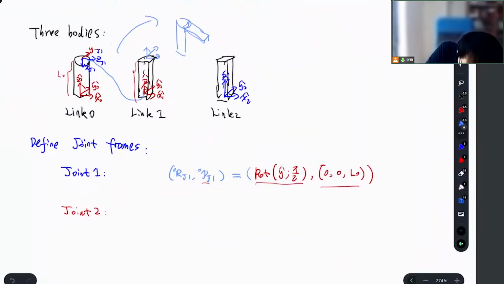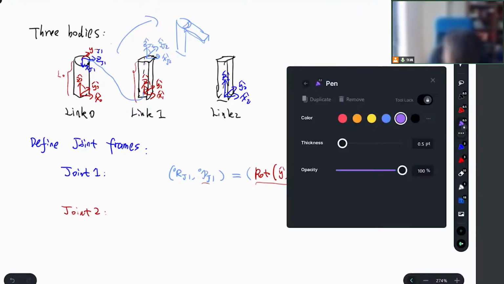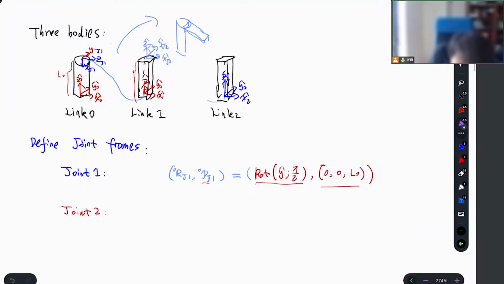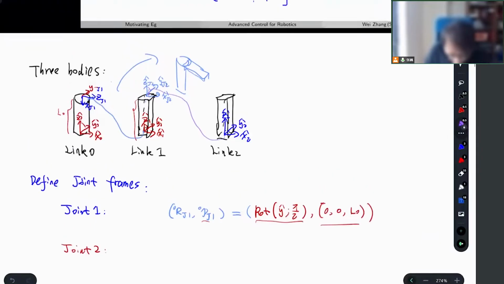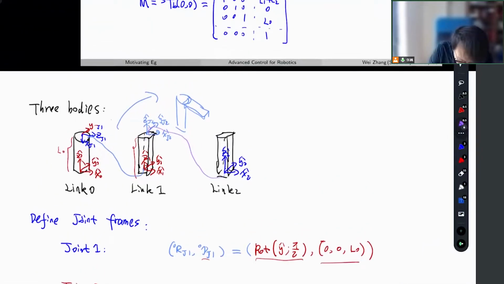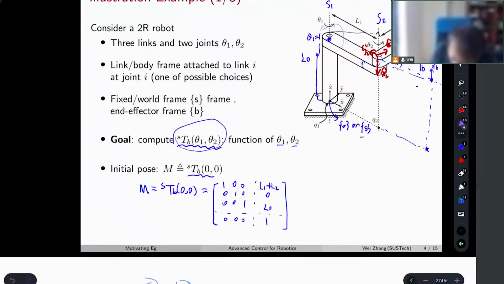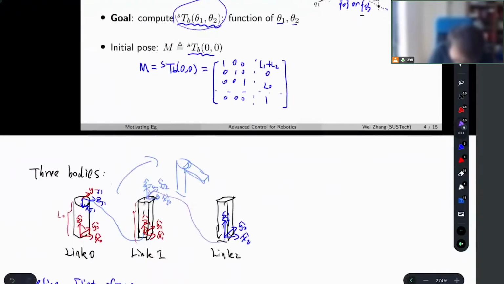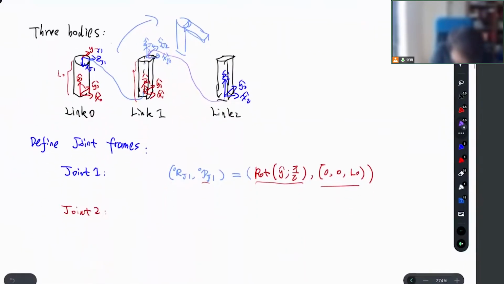That's my X joint 2 hat, this is my Y joint 2 hat, this is my Z joint 2 hat. If you move this guy to here, and this guy is already put in here, then you connect them, you have the 2R robot.